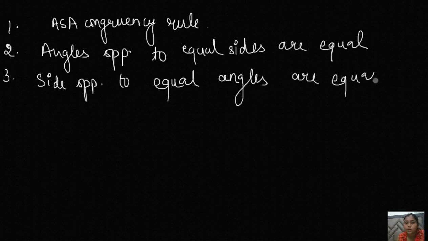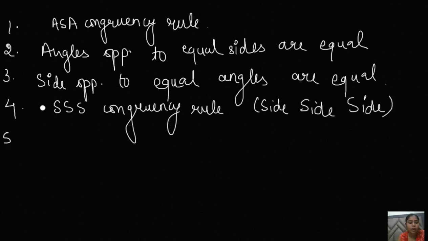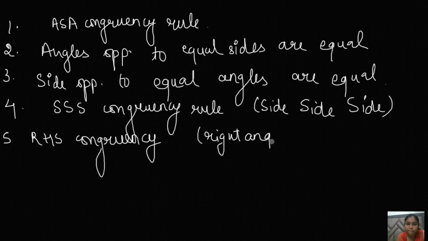Now let's get to the next theorem, that is the SSS congruency rule, that is the side side side congruency rule. Just giving you a short brief of all the theorems you have studied. Okay, our next theorem was the RHS congruency, that is right angle, hypotenuse and any side, right?